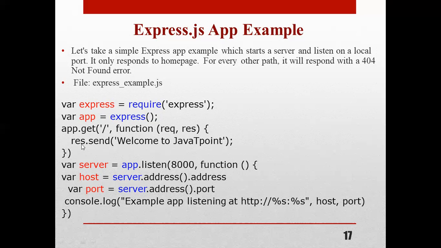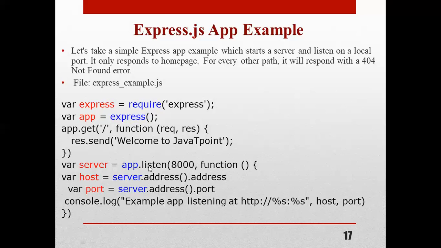Then res.send, what to send, the message: Welcome to this home page. Then close the function. Now another variable, var server = app.listen, what to listen on, the port number 8000.